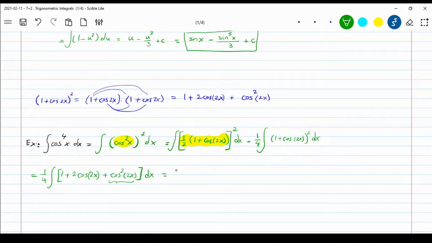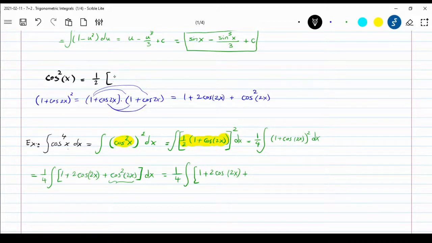So what I'm going to do is I'm going to try to redo exactly what I did. I have 1 plus 2 cosine 2x, and the identity that we used was cosine squared of x equals 1/2 times 1 plus cosine 2x.